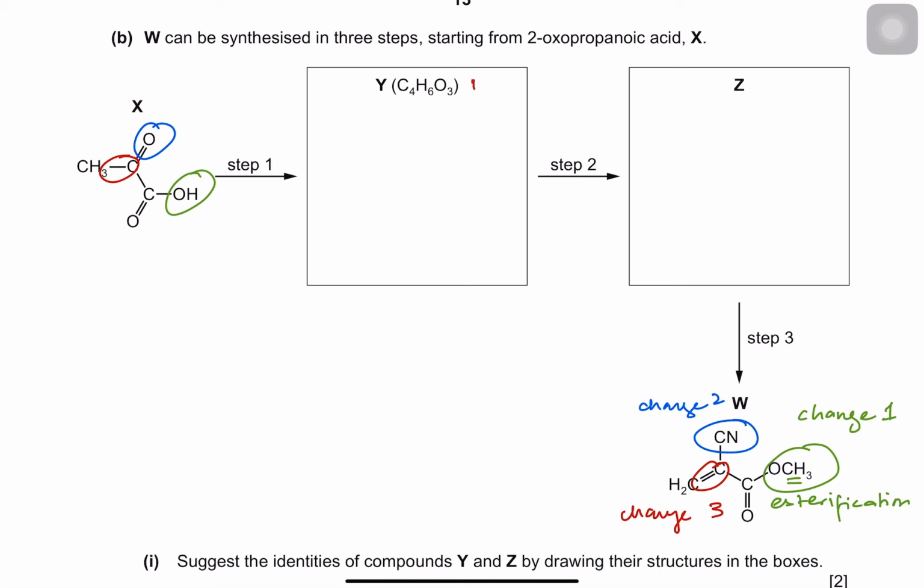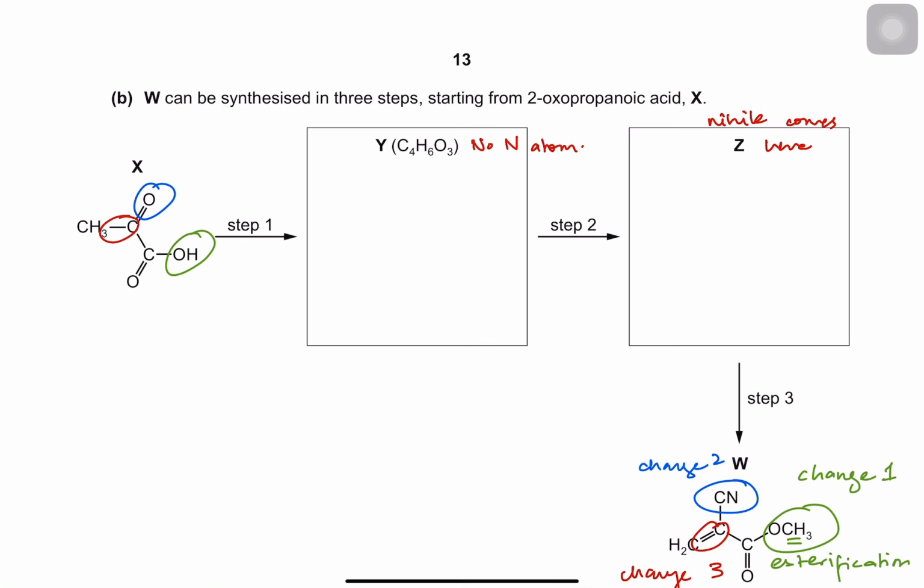There's literally no nitrogen atom. So cyanide is not here right now. Maybe cyanide will be here. Nitrile comes here probably. So if I make this the ester group, let's see. If I keep this same, I'm just counting it.